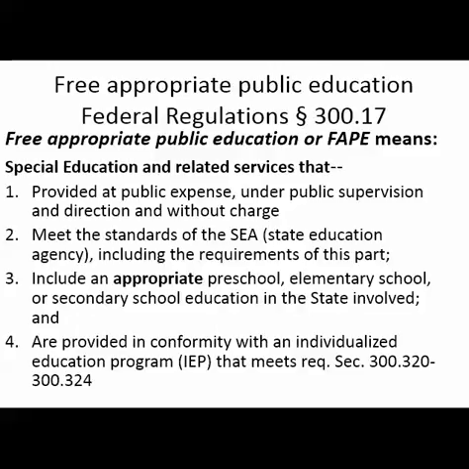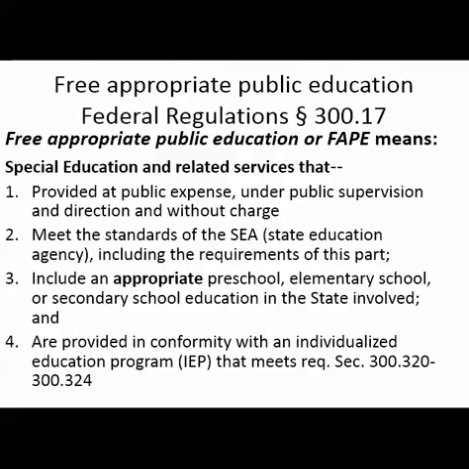The Federal Register, and we're looking at Federal Regulation 317, Free Appropriate Public Education, or FAPE, which means special education and related services that are provided at public expense, under public supervision and direction, and without charge, that meet the standards of the SEA, or the State Education Agency, including the requirements of this part.